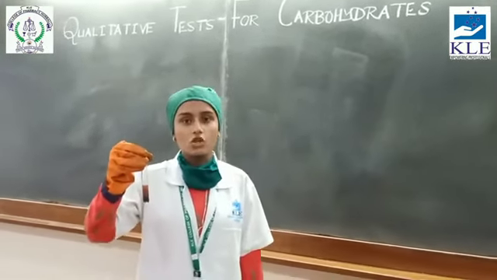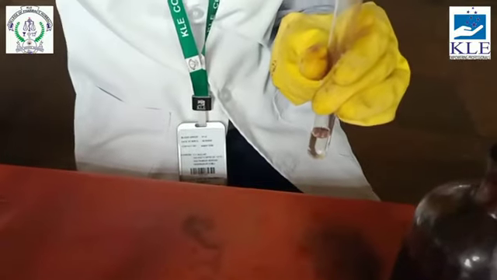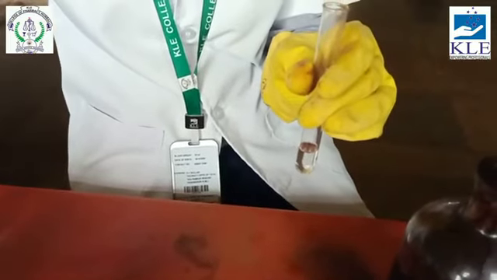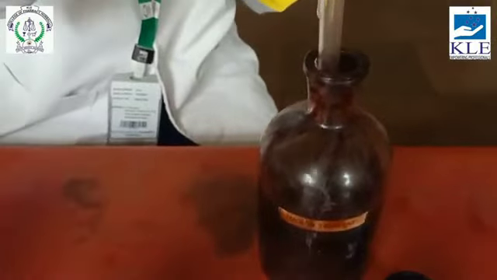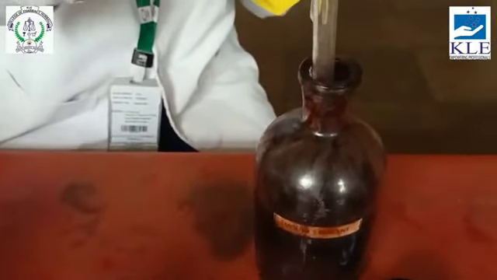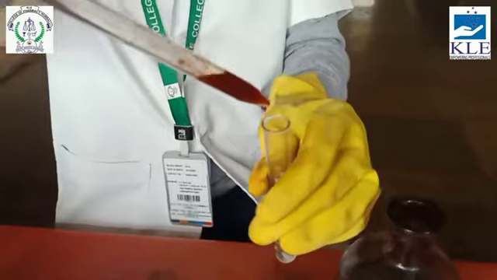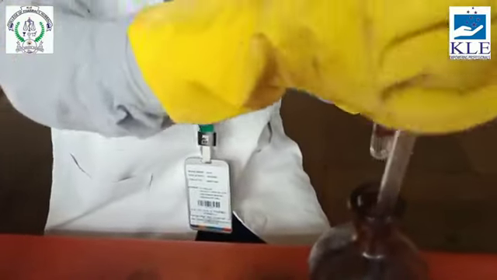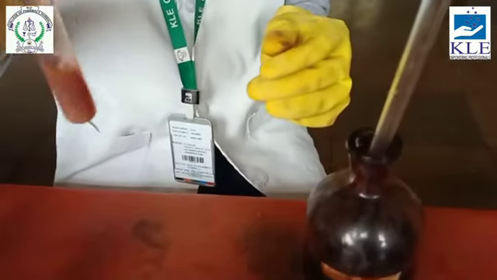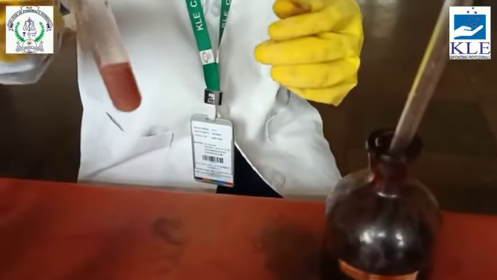It indicates the presence of carbohydrate. Performing the first test, Molisch test, adding 2 ml of the test solution, then adding 2 drops of Molisch reagent. Now we need to add 1 ml of concentrated sulfuric acid along the side of the test tube.